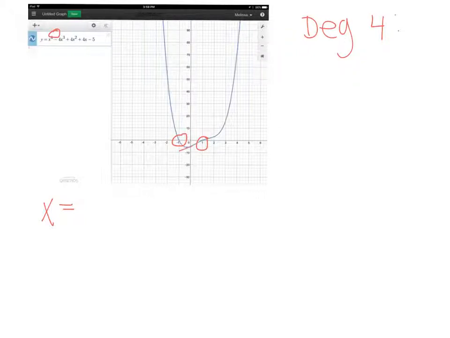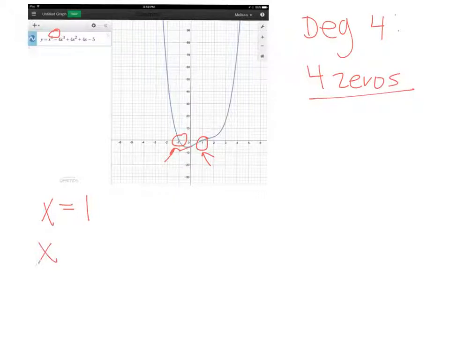Two of the zeros are on the graph, so we're missing 2, which means that this function, when written in factored form, is going to have an irreducible quadratic, because the other 2 zeros are imaginary and we can't view them on this graph. We only have -1 and +1 as real zeros.